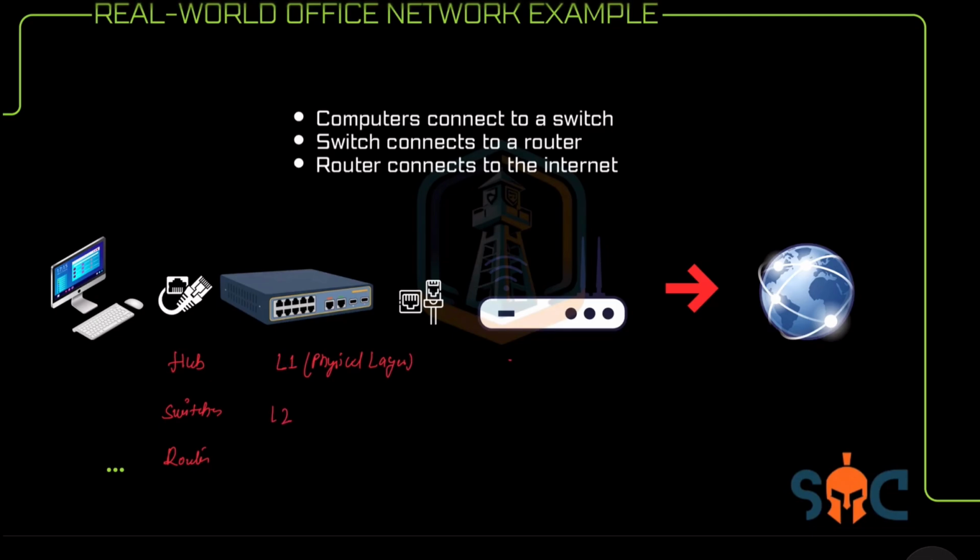The switch is a layer 2 device, which is our data link layer. The router is a layer 3 device, that is our network layer. All these layers fall in the OSI model.